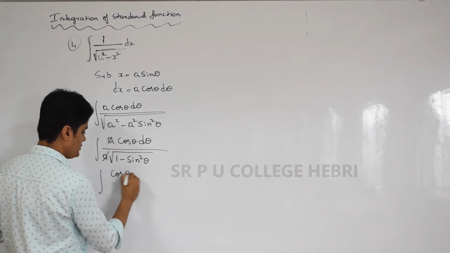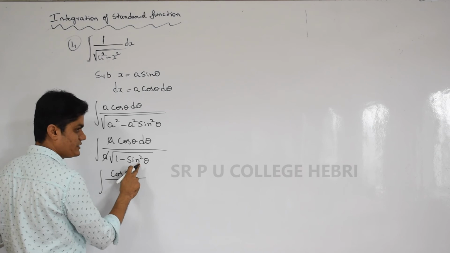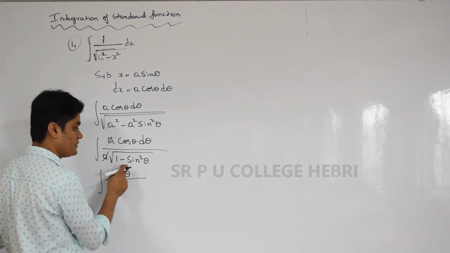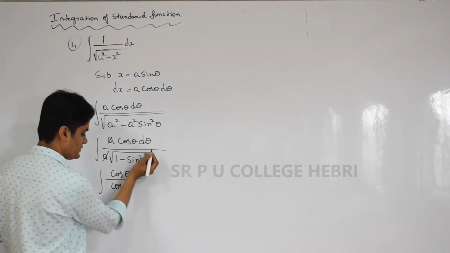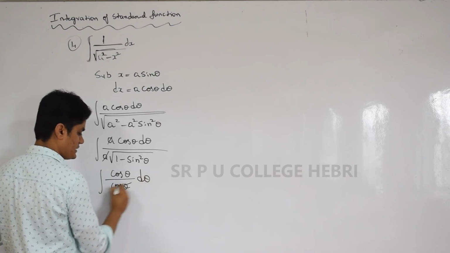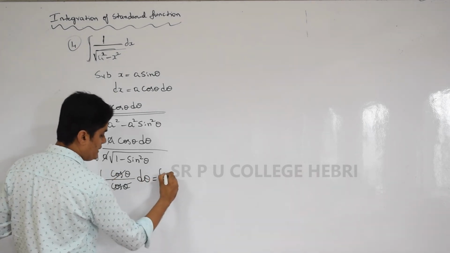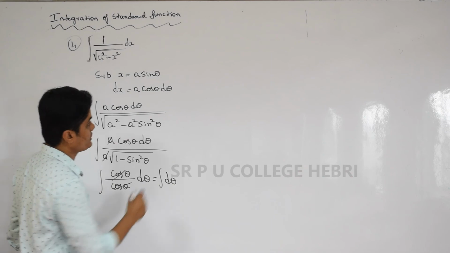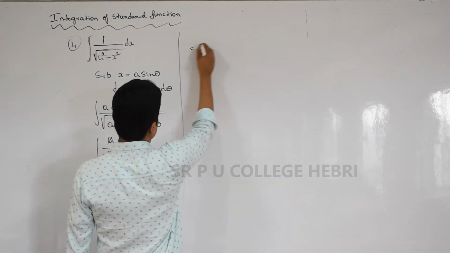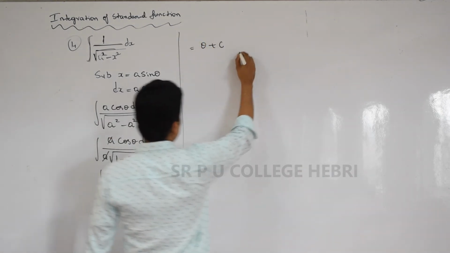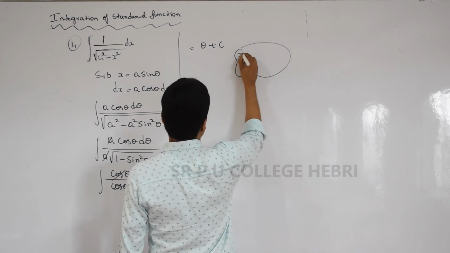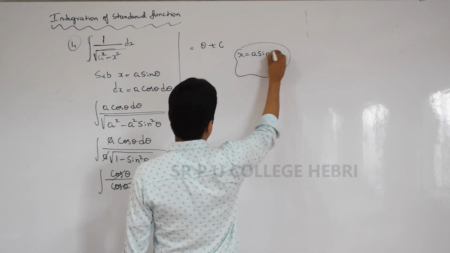Cos theta divided by root of 1 minus sin square theta, which is cos square theta. What is square root of cos square theta? Cos theta. So cancel. So it is just 1 d theta. And what is integration of 1? Yes, it is theta plus c. But what is theta here? We substituted x is equal to a sin theta.